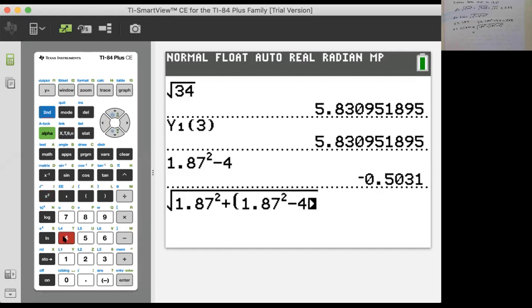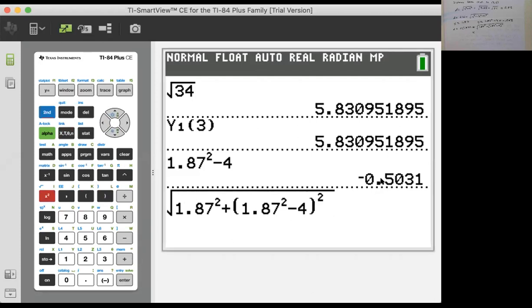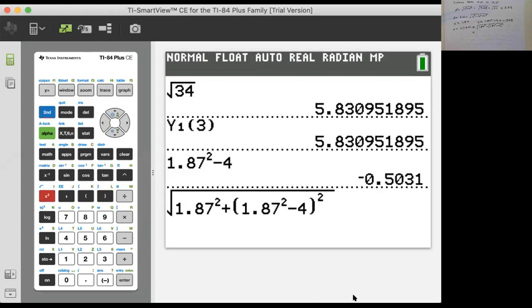It's x squared plus y squared. Remember, x squared minus 4 is the y value, then square that. And hopefully we'll get the same thing that we had on the graphing calculator, which was 1.94. And I'll show you what I mean by that in a minute here.